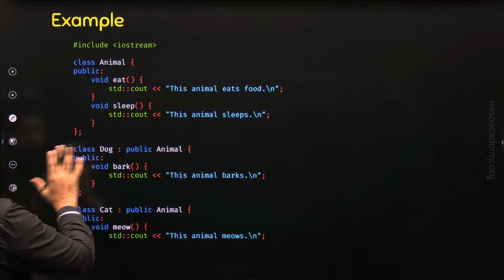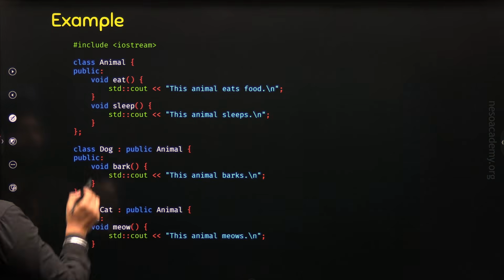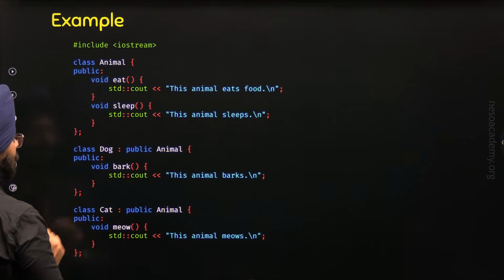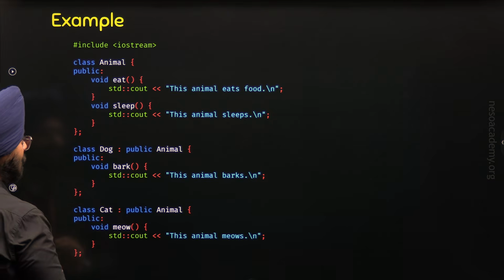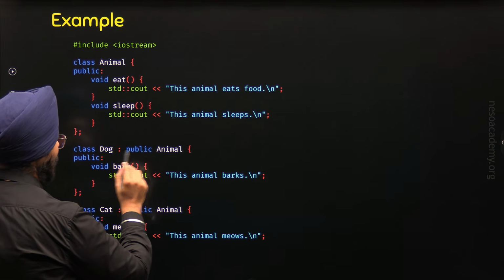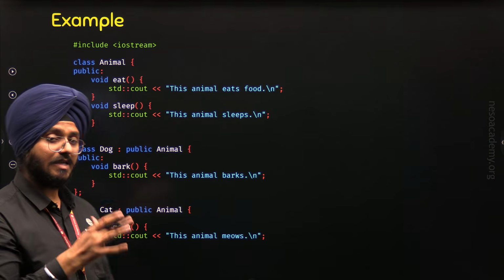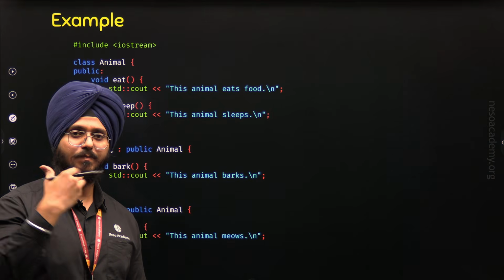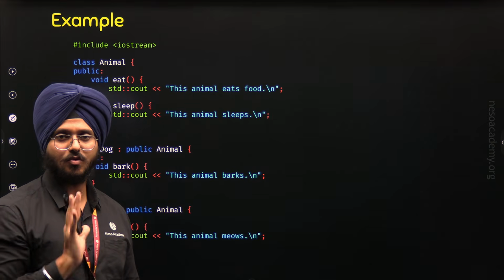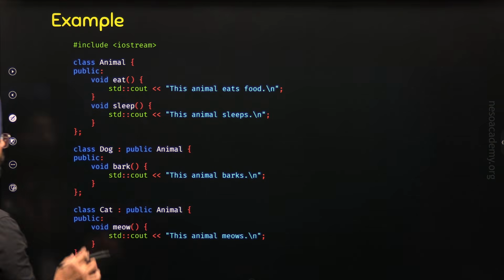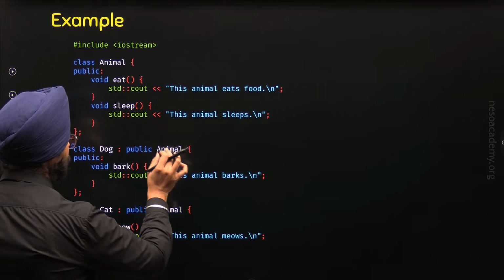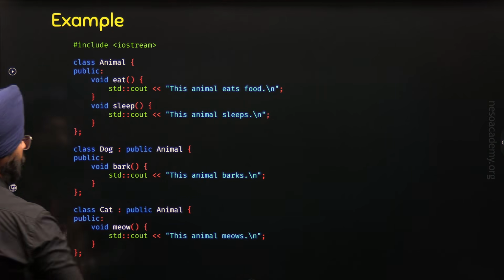Here you can observe I am following the same syntax. First I have provided the class keyword, then the name of the derived class, then the colon and then access specifier public. You will get to know what is the significance of public access specifier later in this course. For now, just understand that public will do the job here. After this, I have specified the base class animal.